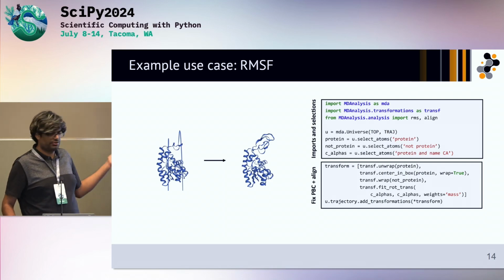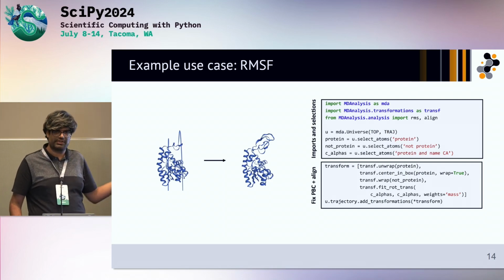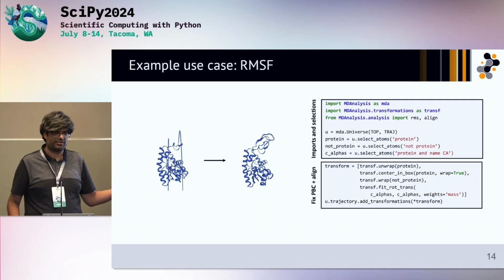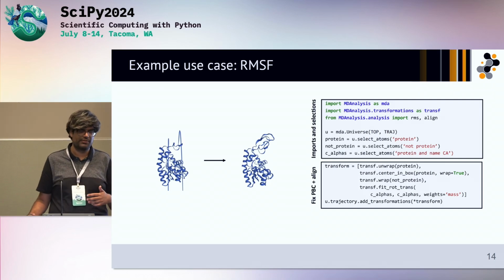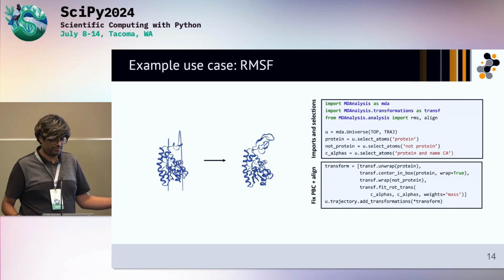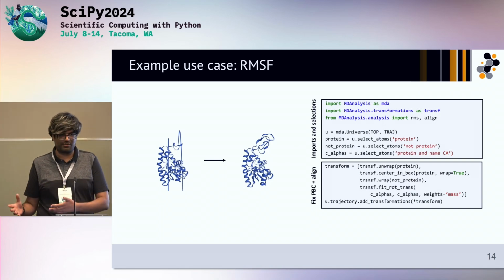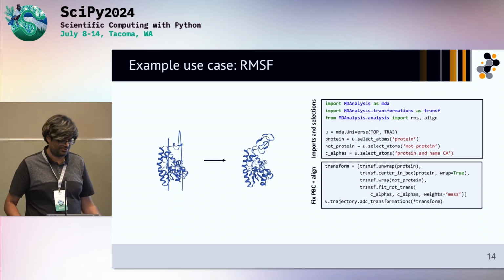So we want to apply a set of transformations to fix periodic boundary condition effects, and also apply a rotational and translational fit, because we're doing a root mean square fluctuation calculation, and we only want to capture movements that are not related to rotational or translational changes.